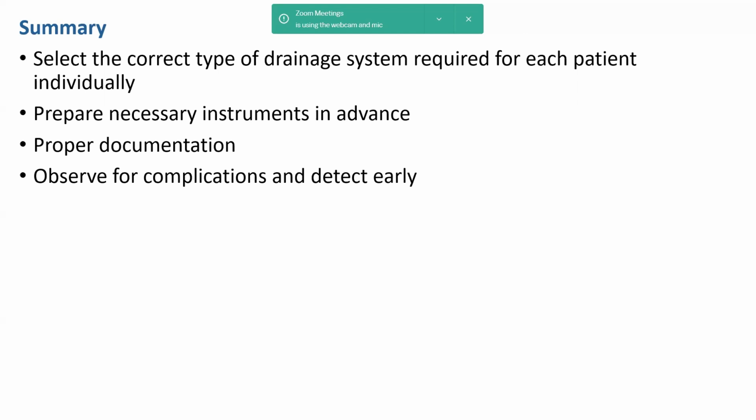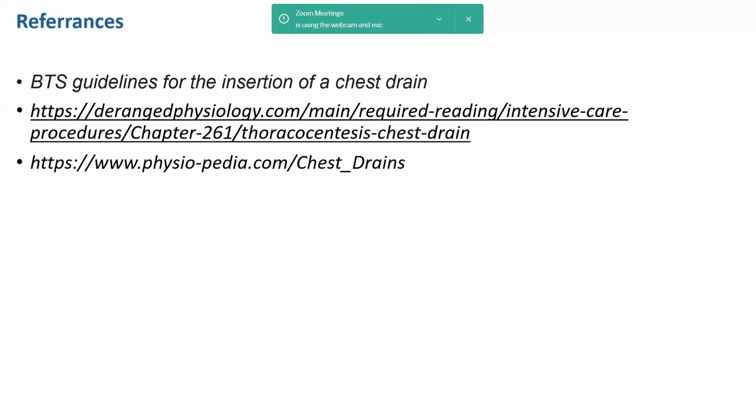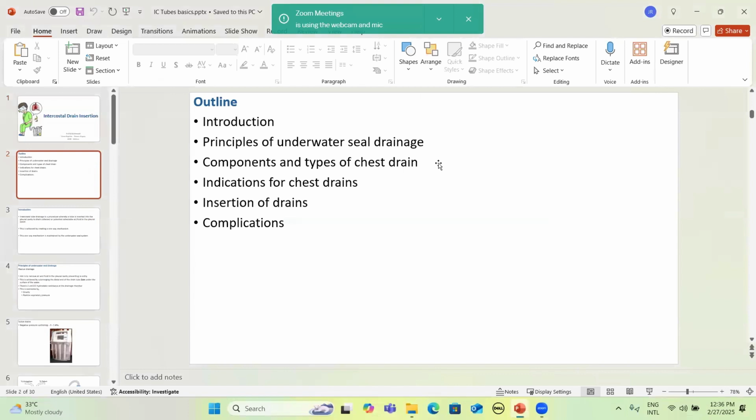Before inserting, always make sure that you have all the instruments and monitoring available, document the procedure properly, and observe for complications, with early detection and intervention, so that you can prevent most of these adverse events. Thank you. Dr. will discuss the management part.